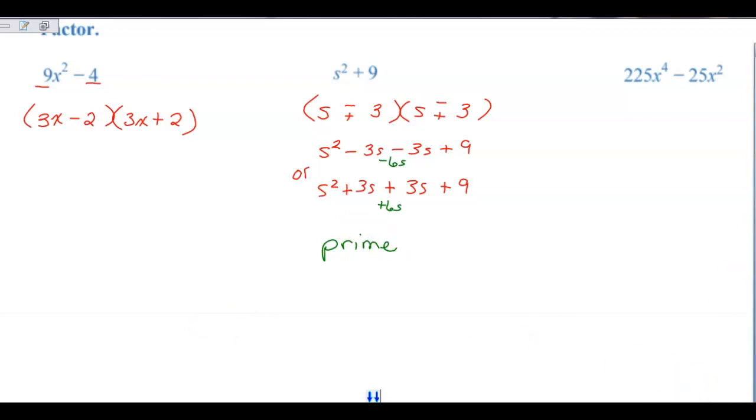Then we have this next one, which is 225x to the 4th power. 225 is a perfect square. It is a perfect square of 15. And then they each have x squared.